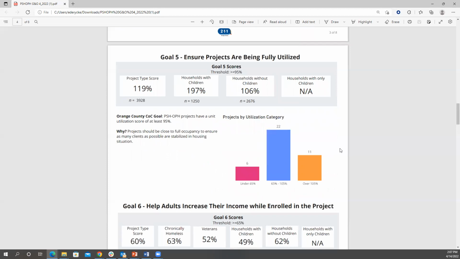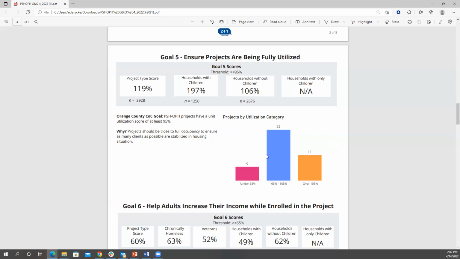Goal 5 is looking at unit utilization. So what percentage of the units you have are filled. For permanent supportive housing, this is usually an easy measure to meet because of how vouchers are tracked, like I mentioned before.